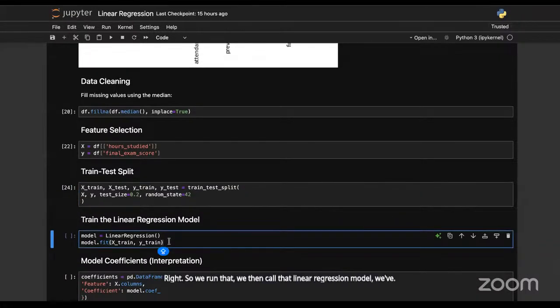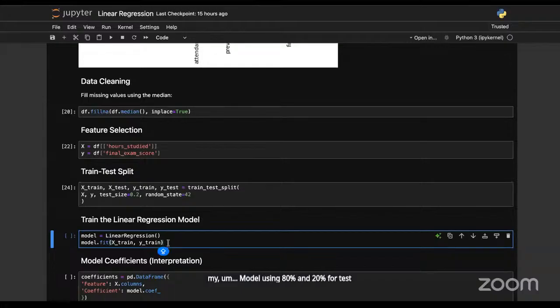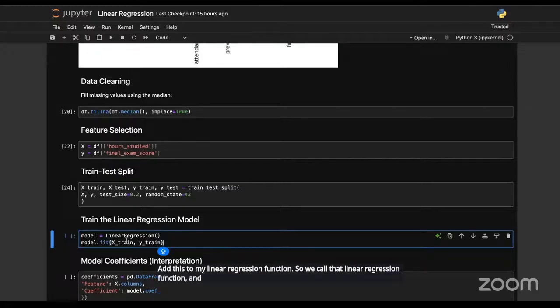I have my features, and I know these two have a linear relationship. I'm going to train my model using 80% and 20% for test, and fit this to my linear regression function. So we call that linear regression function, and we fit our X train and Y train. We run that.